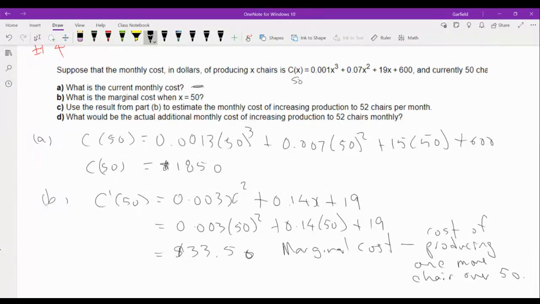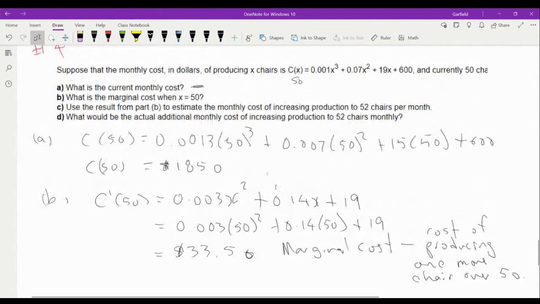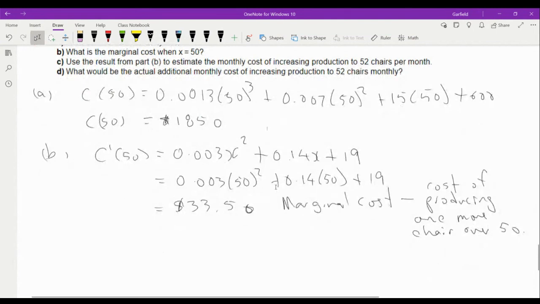Or losing? Does the same concept work with losing a unit? If you're losing a unit, like not producing another chair, could you lose that same amount?